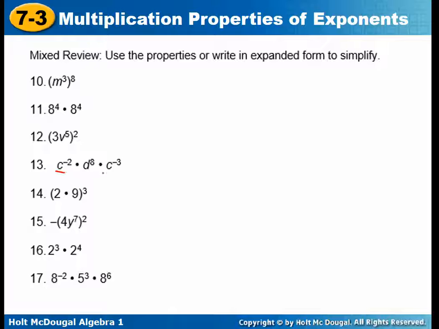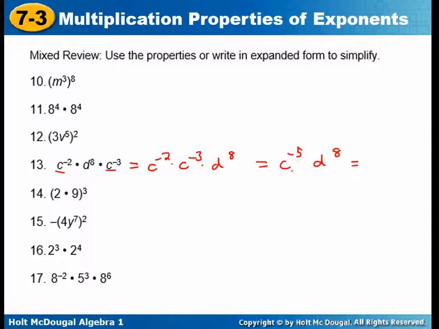We have some bases that are the same being multiplied. If you want, you can rewrite them next to each other to help you see that they are the same base. And the rule is that we should add the exponents. So we would have c to the negative 5 times d to the 8th.